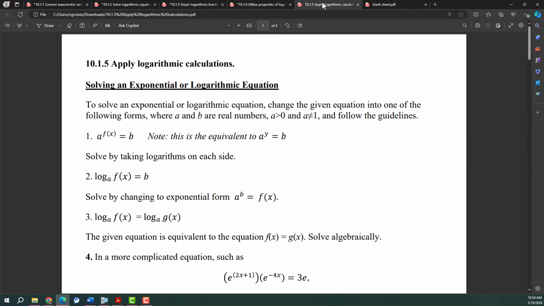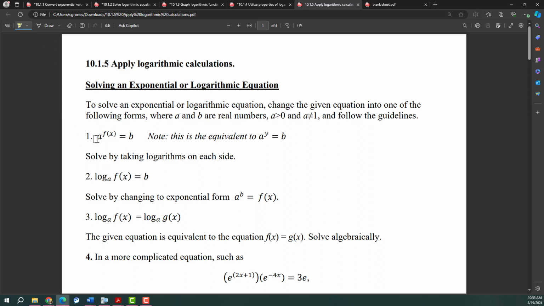And then the last lesson is lesson 5. You're going to be solving an exponential or logarithmic equation. So to solve an exponential or logarithmic equation, change the given equation into one of the following forms. They give us 3 forms.